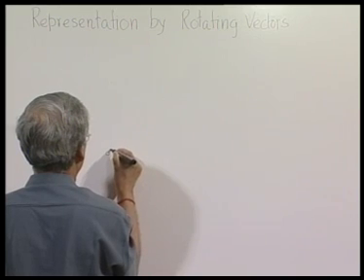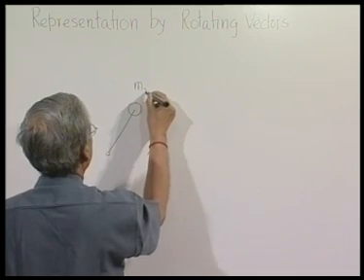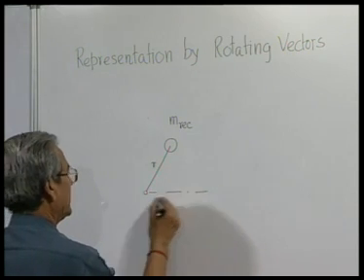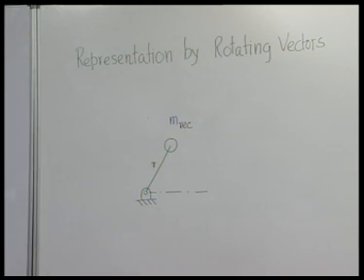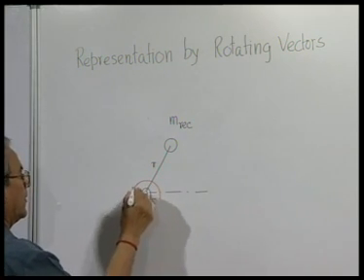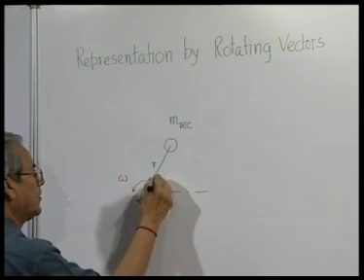So, if we consider that the reciprocating mass has been kept at the crank pin, and this is the crank which is rotating with an angular velocity omega like the actual crank, therefore, this angle will be omega t.